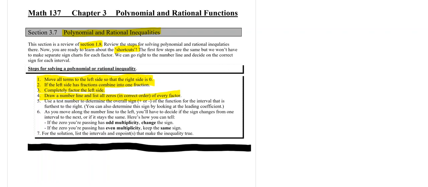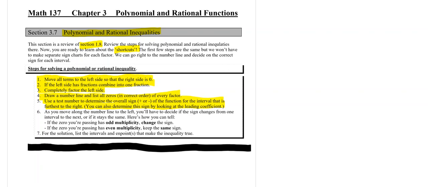And then you can either use a test number for the interval that's furthest to the right, the one that goes to positive infinity, or you can look at the leading coefficient and the leading term, because that tells you whether that last sign furthest to the right is going to be positive or negative.